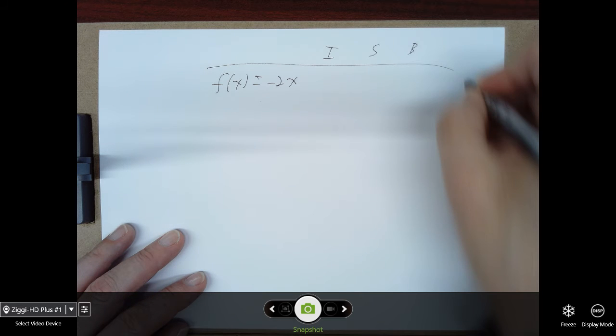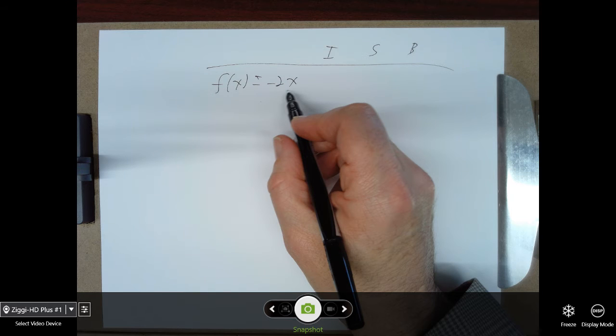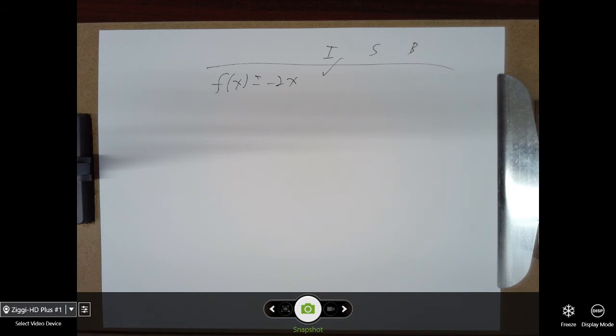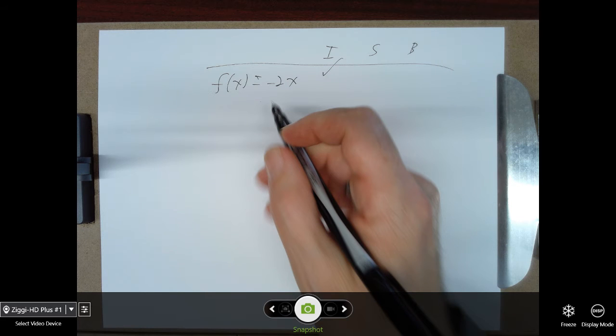Is this function injective? The only time 2 x's have the same value of minus 2x is when the x's are the same, so that's injective. Is it surjective? Every number can be expressed as minus 2x. In other words, we can solve minus 2x equals anything for x. And since it's both, it's bijective.